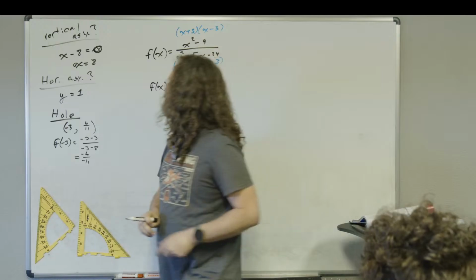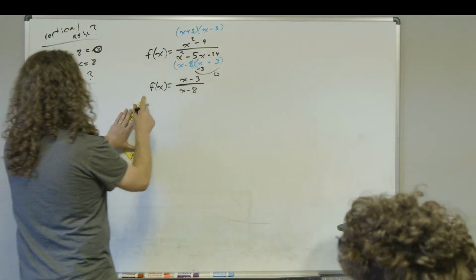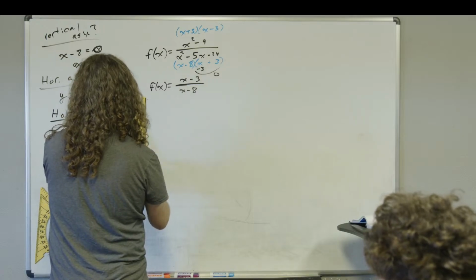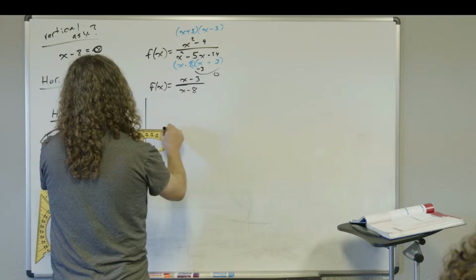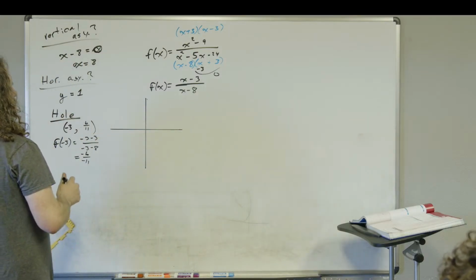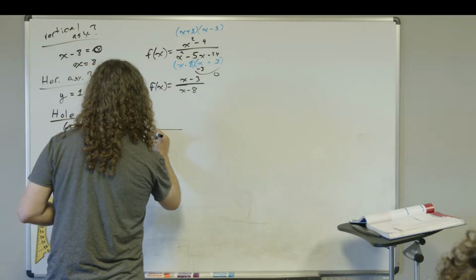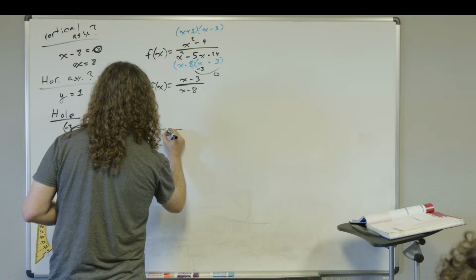I don't know. Right? So then if we were to graph it, we would graph our things. We would put a vertical asymptote at 8: 1, 2, 3, 4, 5, 6, 7, 8.